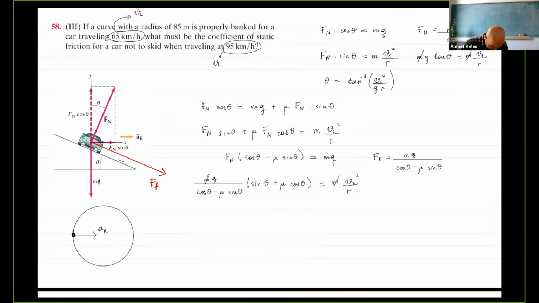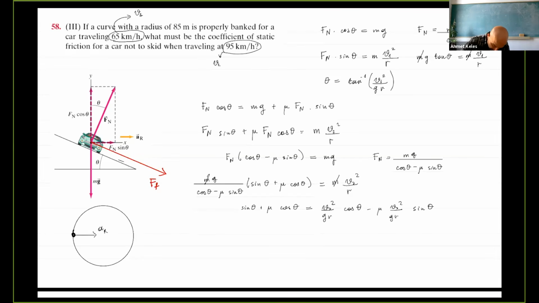From this, I take it to the other side and I say, okay, sine theta plus mu cosine theta is equal to V2 squared over gR cosine theta minus mu V2 squared over gR sine theta.